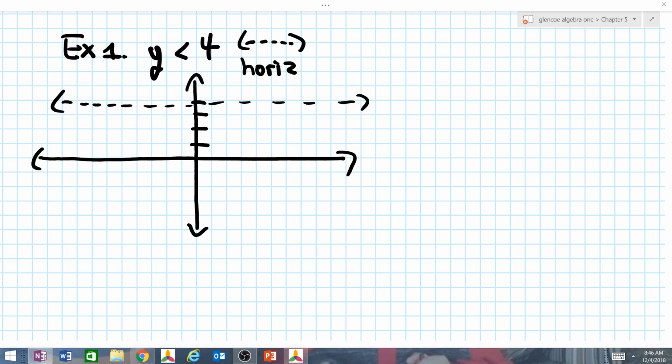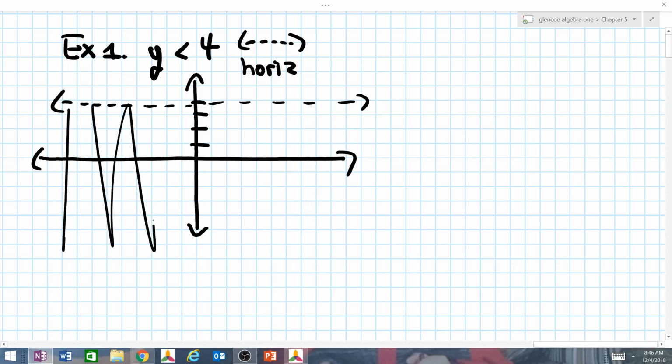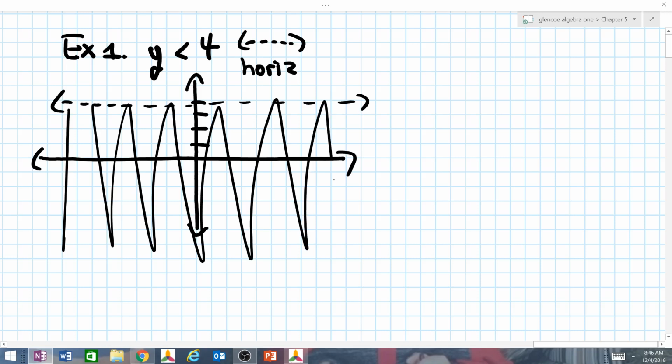Numbers that would be less than 4, would they be above or below the line you just graphed? Below. So this is what your solution would look like. Are you with me? Okay. Does anybody have a question?